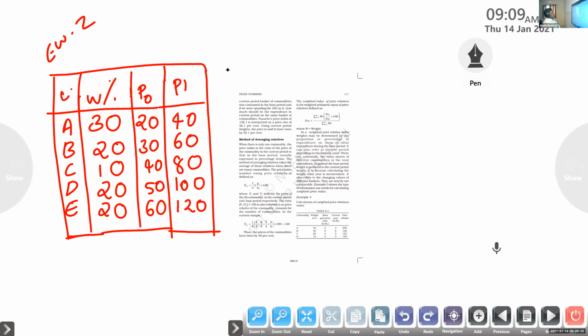P1 values 40, 60, 80, 100 and 120. Calculate the price relative, then go for the weighted index of price relative values.